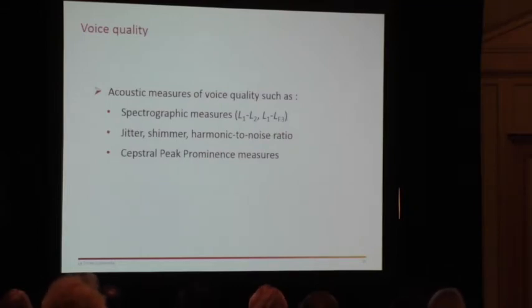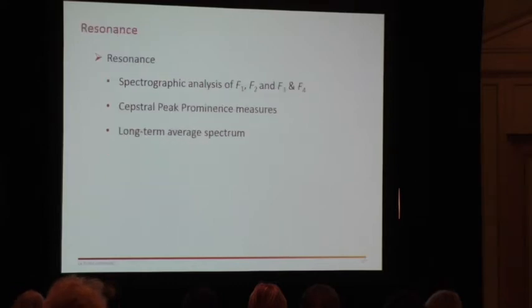Okay, voice quality, again something you do with all clients, acoustic measures of voice quality, and you can choose the measures that suit you, so spectrographic measures, jitter, shimmer, harmonic to noise ratio, cepstral peak prominence measures. These are examples of anything that you can use.